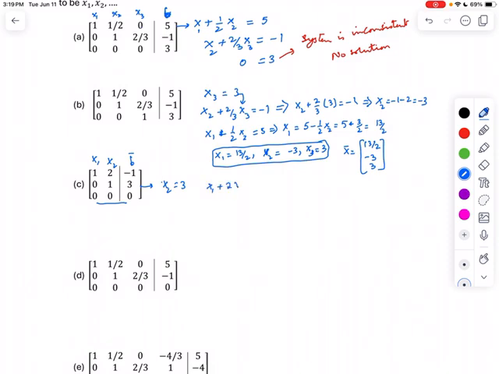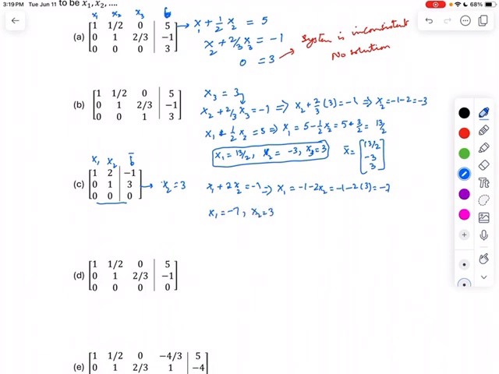Okay, so x2 is 3, and then from the top we get x1 plus 2x2 is equal to -1, which gives me x1 is equal to -1 minus 2x2. So -1 minus 2 times 3, we get -7.